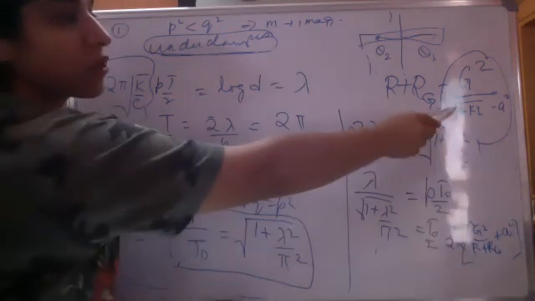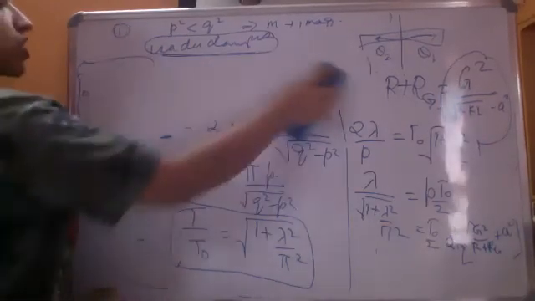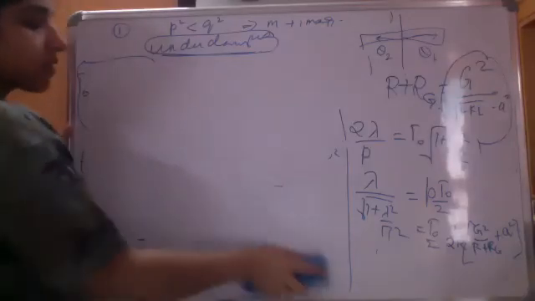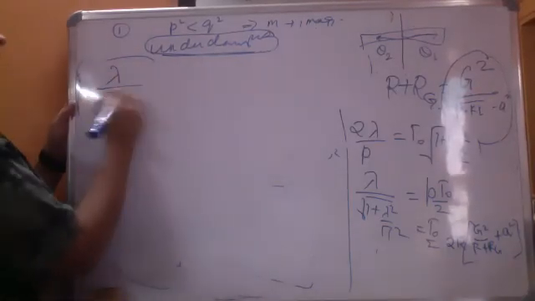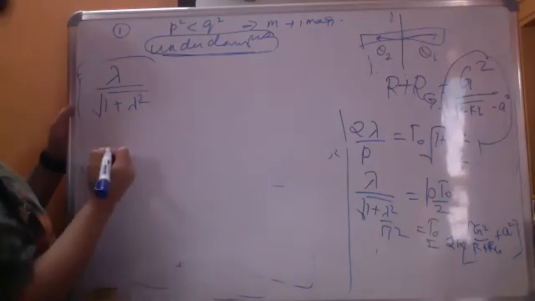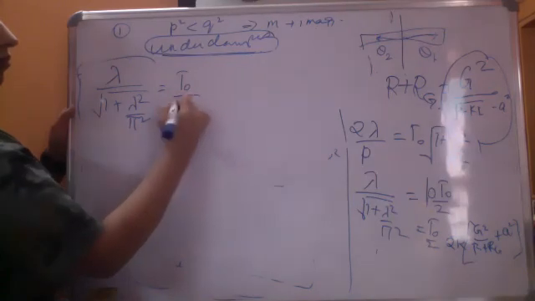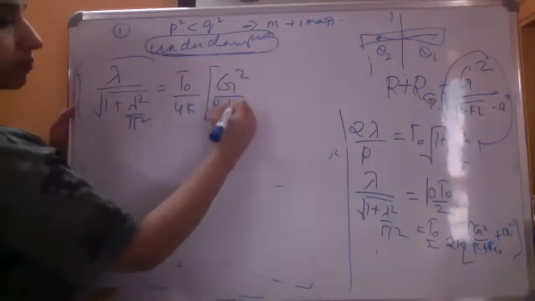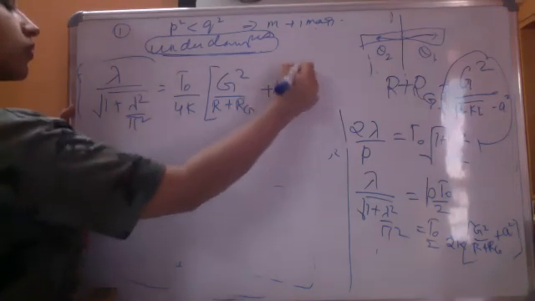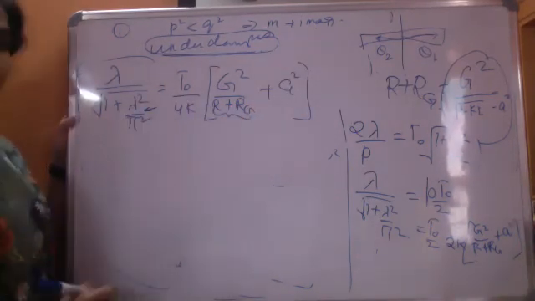Look at this and look at this quantity here. So I have indeed got a relation after doing mathematical manipulation, a relationship between R and lambda.